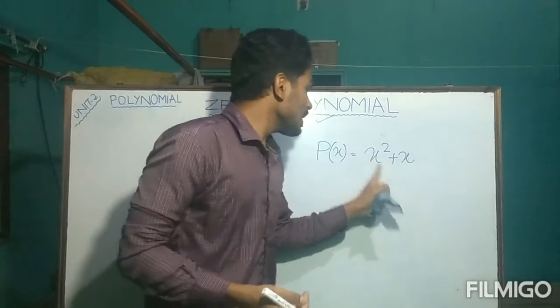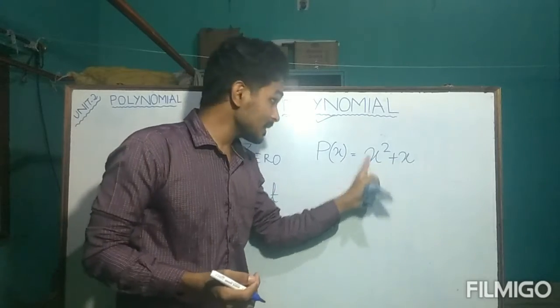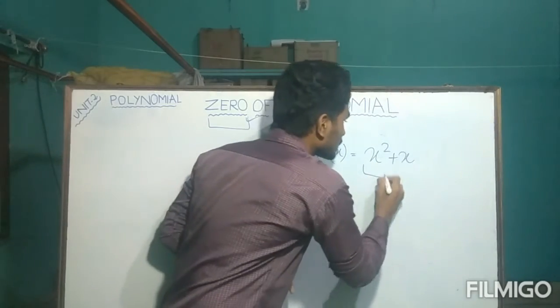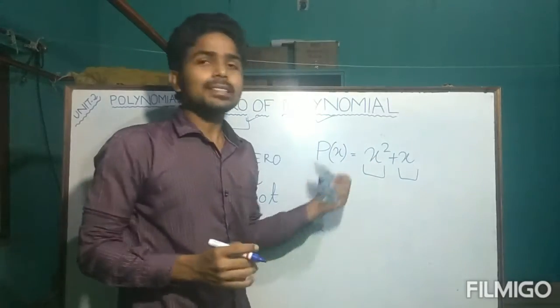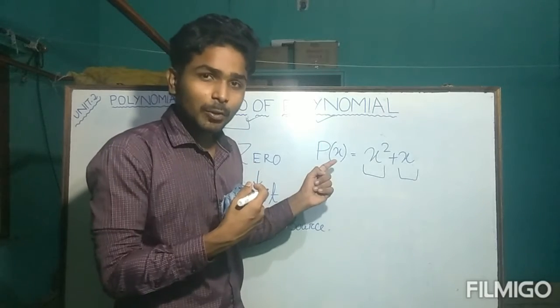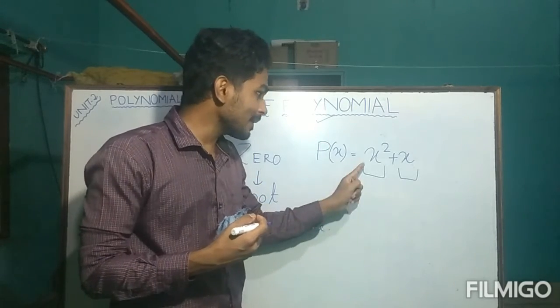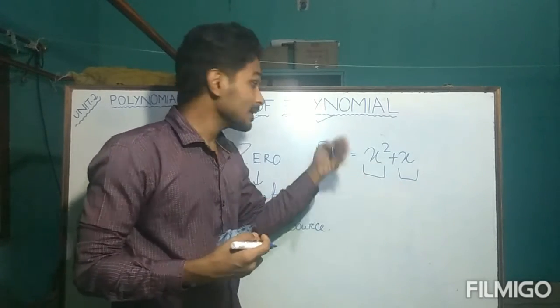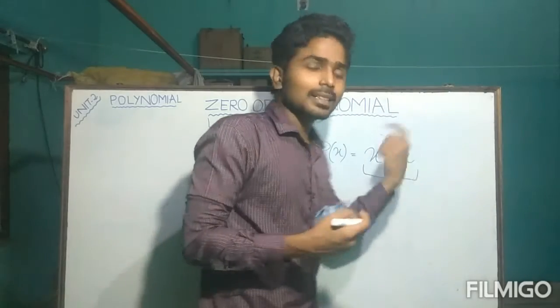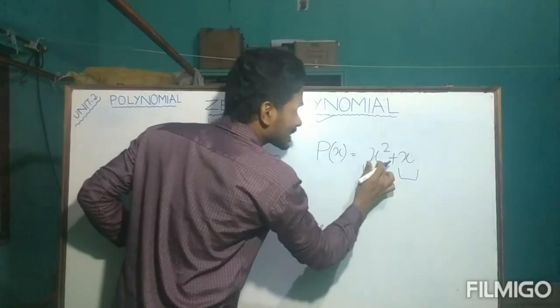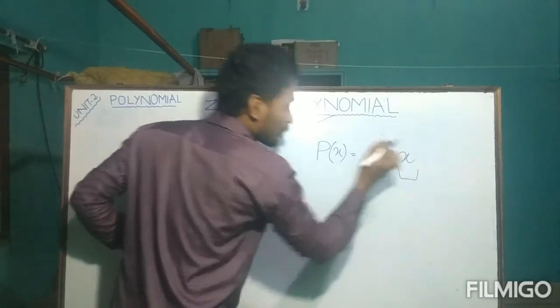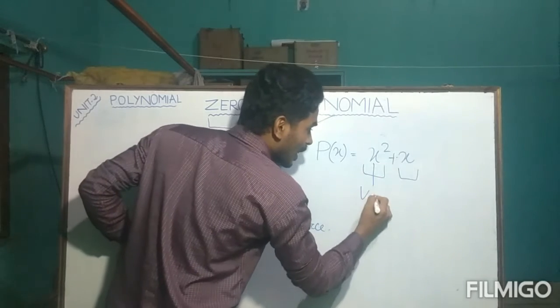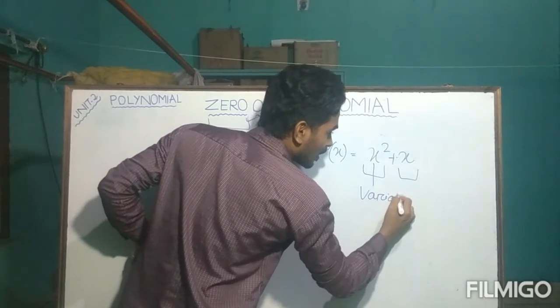This polynomial is made from which terms? This polynomial is made from two terms, this term and this term. So what is the source of the polynomial? The source of the polynomial here is terms. But the terms are made from which? The terms are made from x. Here also this term is made from x, and x is known as a variable.